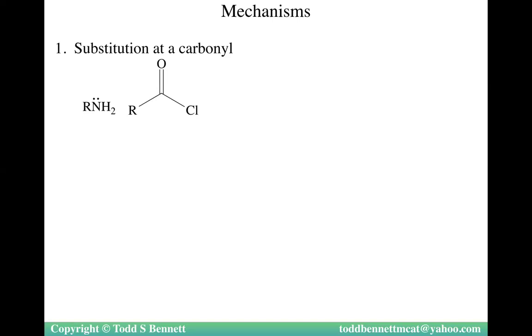So if I have this reaction, R's represent some alkyl group, could be CH3, CH2CH3, cyclohexane. The key thing is this is the reactant here. This is going to be called a nucleophile. Nucleophiles typically are negative or partially negative, and they have to have a lone pair.